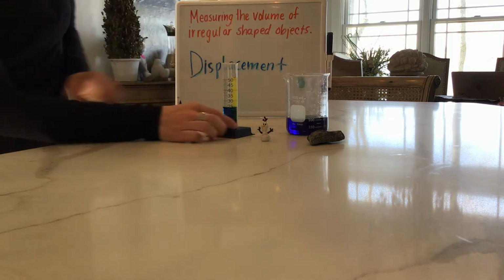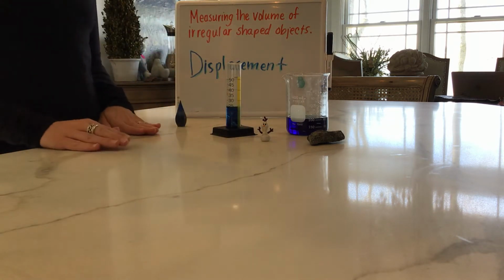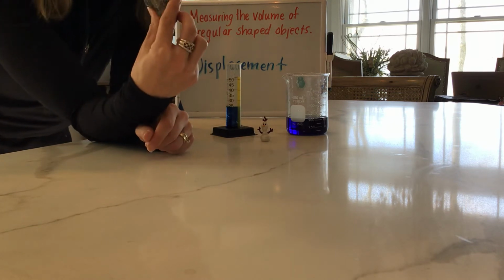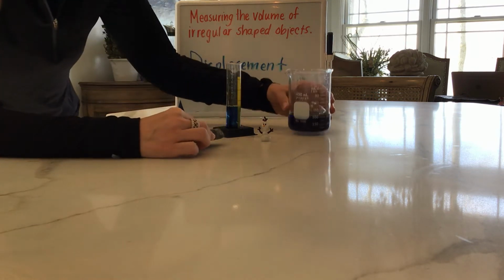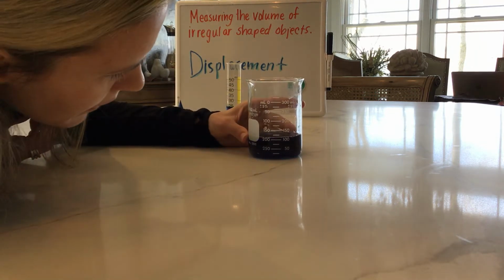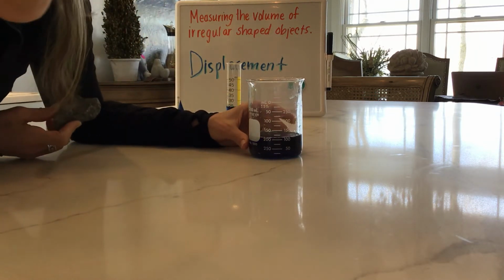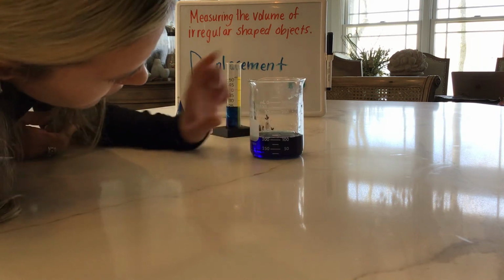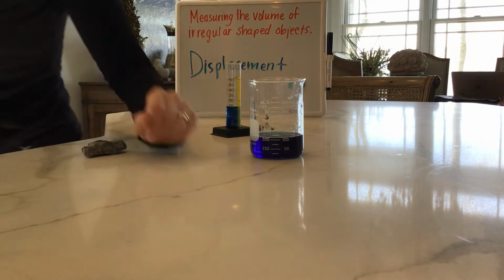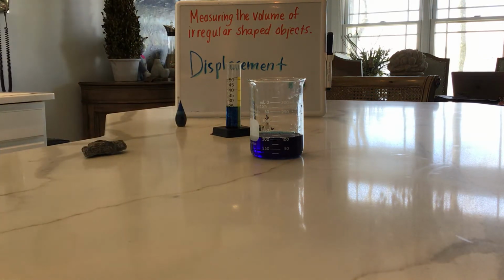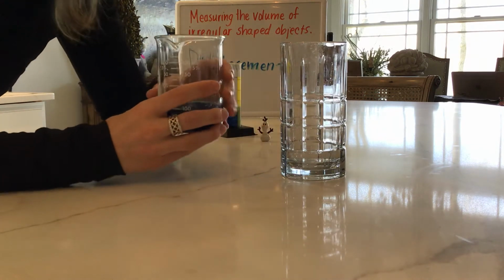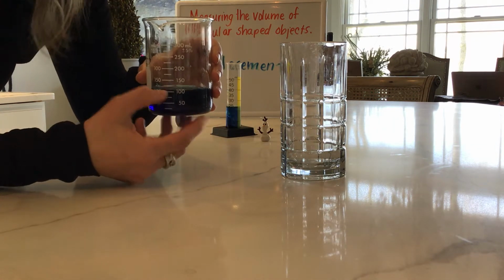Okay, so if I wanted to find out how much space this irregular shaped rock takes up, first I have to know how much liquid is in my measuring tool to begin with. And I have a little bit over 100, so I'm actually going to get another cup, and I'm just going to pour a little bit of it out so that it's right at the 100 mark.